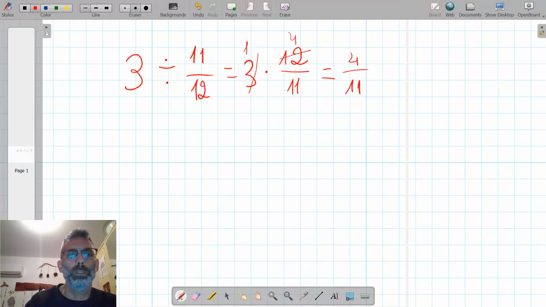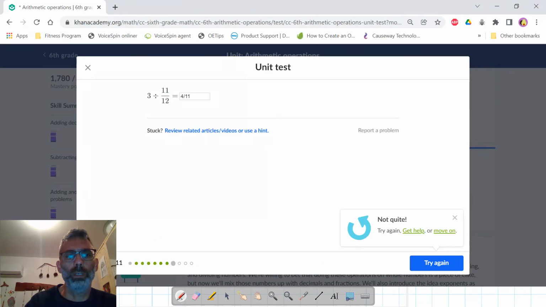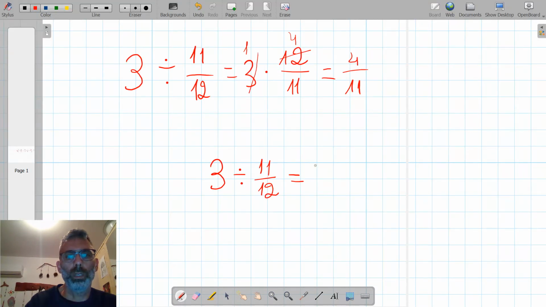Okay, so I wrote down a mistake. 3 divided by 11 over 12 is like 3 over 1 times 12 over 11.